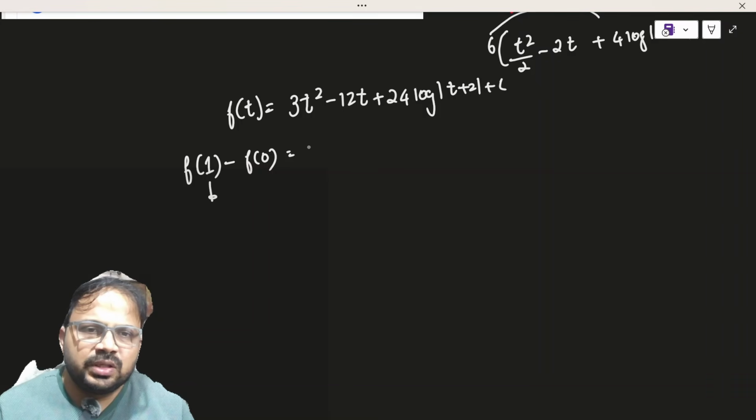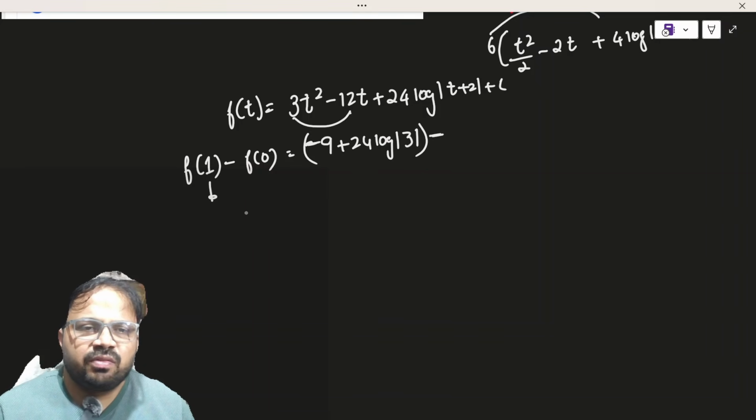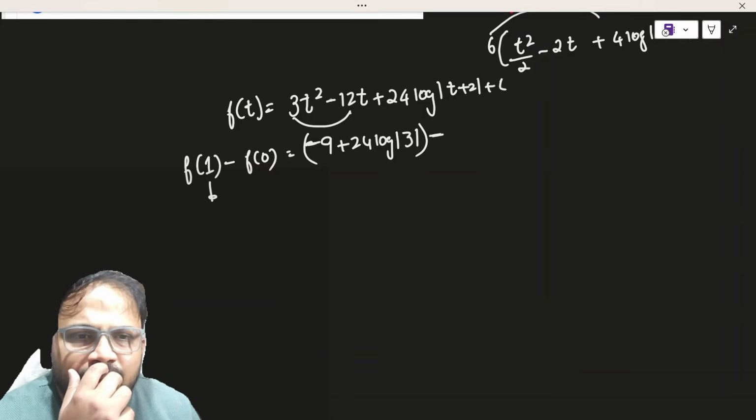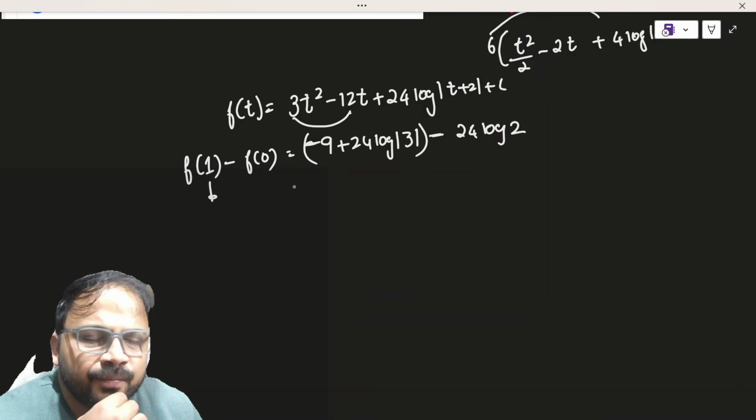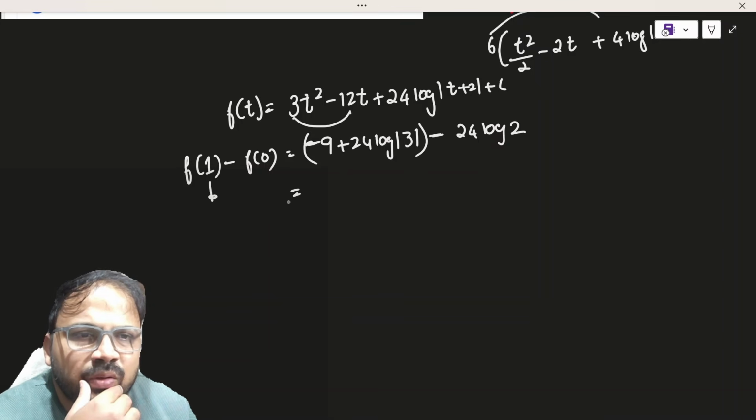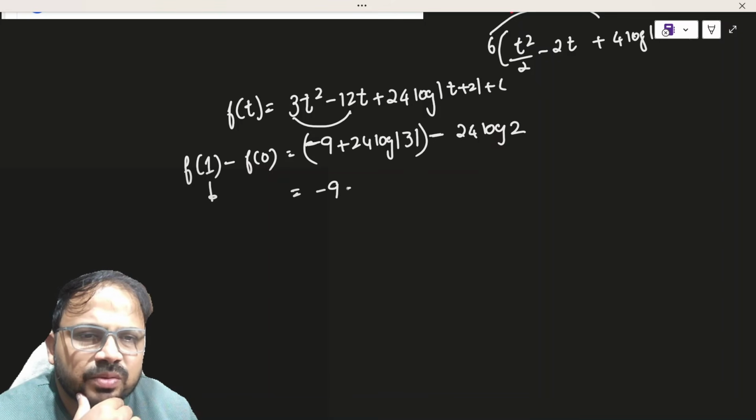So this would be 3 minus 12, which is minus 9, plus 24 log of 1, minus f of 0. f of 0 would be 24 log 2 plus c, so c and c get cancelled. So this is the value of minus 24 log of 3 by 2.